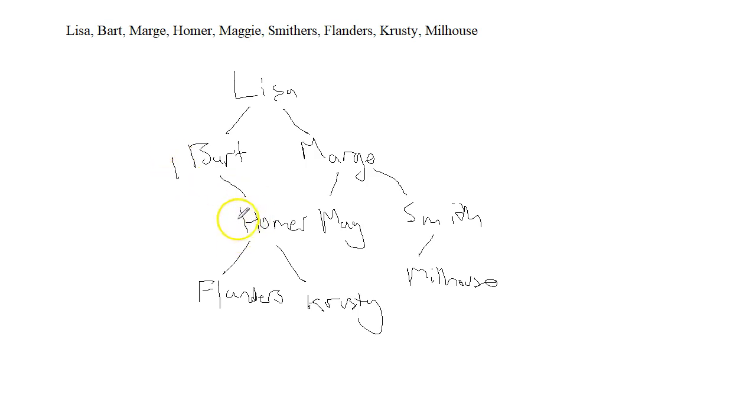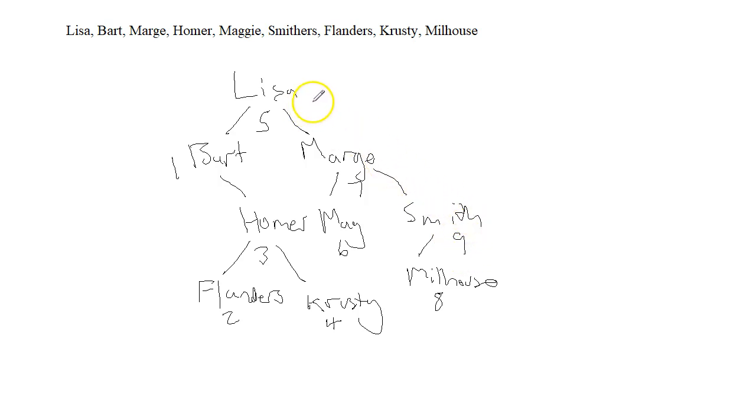Then we come down, we can't get to the underside of Homer. We can get to Flanders, so that becomes 2. Homer is 3, Krusty is 4. We come back up here. Lisa is 5. Can't get to Marge yet, but we can get to Maggie, so that's 6, 7. And then we can't get underneath Smithers, 8, 9.